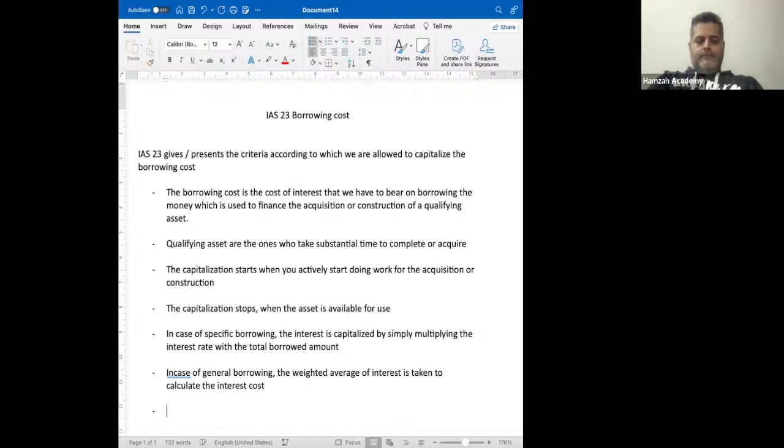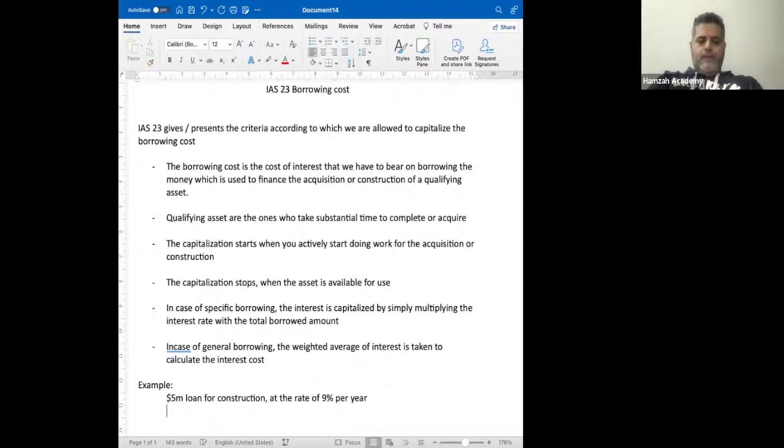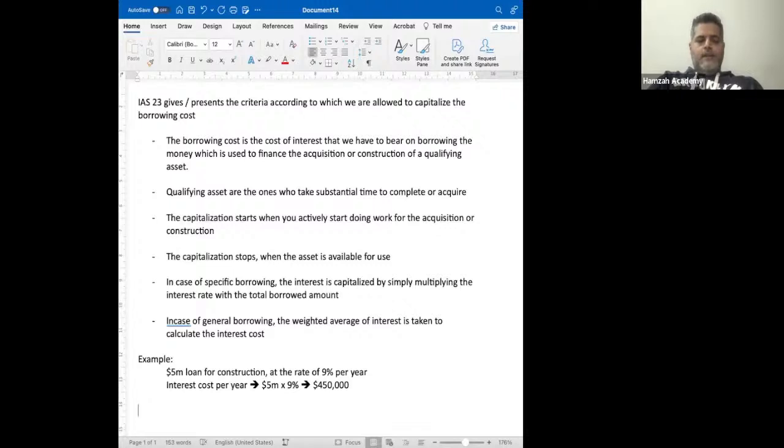For example, you take a 5 million loan for construction at the rate of 9% per year. Now, the interest cost per year is going to be 5 million into 9%. 9 fives are 45. So you will have this at 450,000, right? Done.